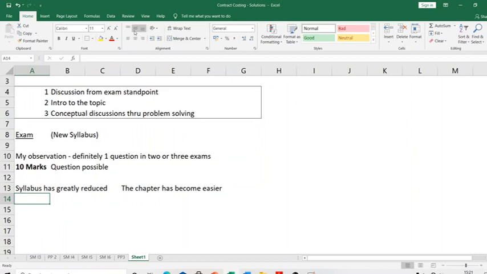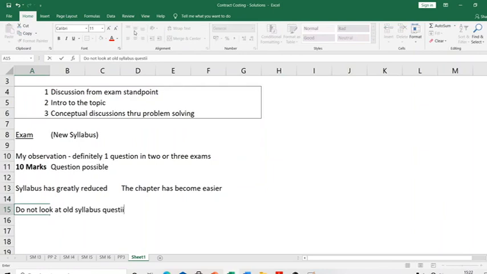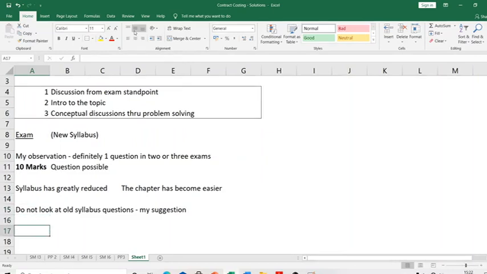So what this means is, do not look at old syllabus questions. This is at least my suggestion. When I say old syllabus questions, be it old syllabus ICAI study material questions, old syllabus practice manual questions, or old syllabus RTP or exam questions, please do not look into these as far as your exam preparation is concerned.